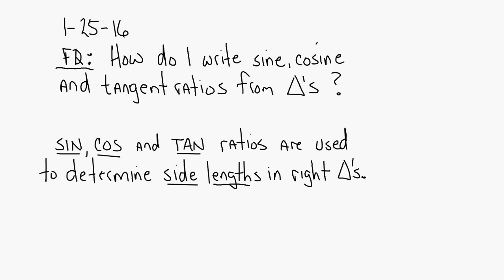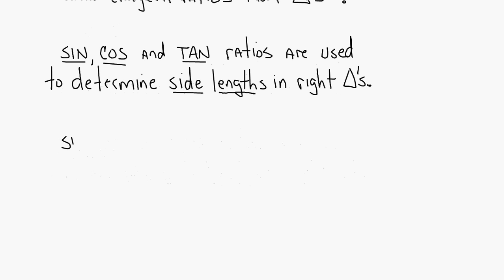If you look behind the sine, cosine, and tangent buttons on your calculator, you'll see sine, cosine, tangent, -1. All right? So your sine -1, cosine -1, and tan -1. Those are used to determine angle measures in right triangles.